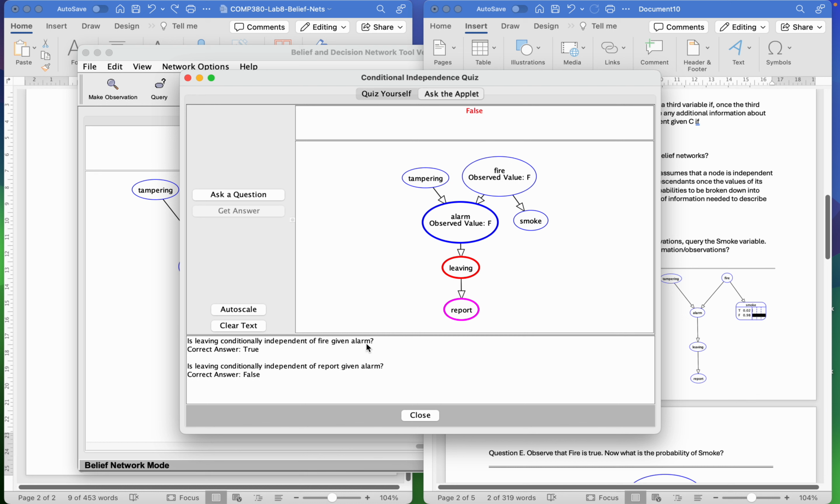So it is not independent and it is in relation with it. It doesn't matter whether the alarm has been given or not. In the end, the assumption is that descendants of a node are dependent on it.